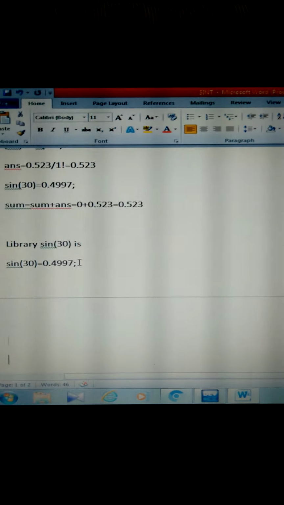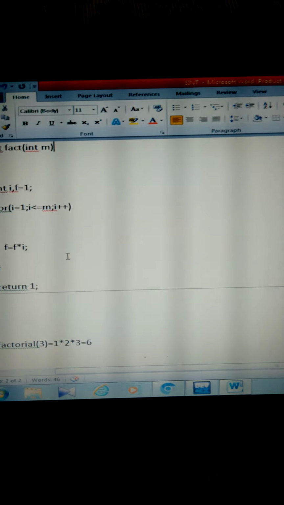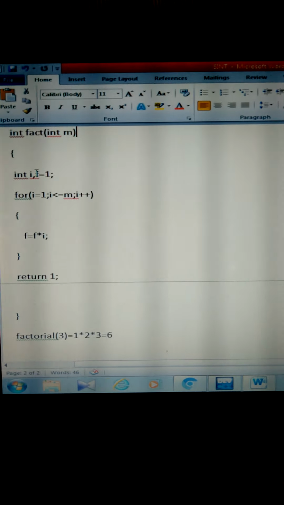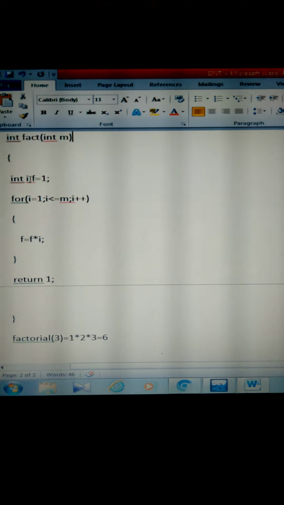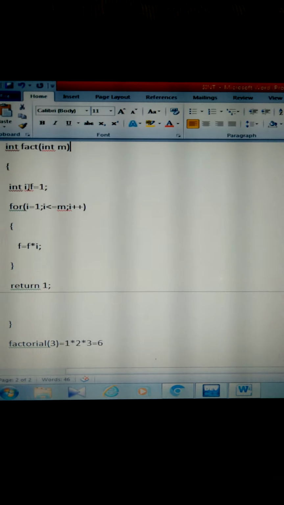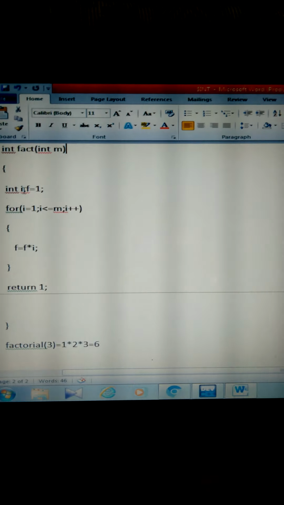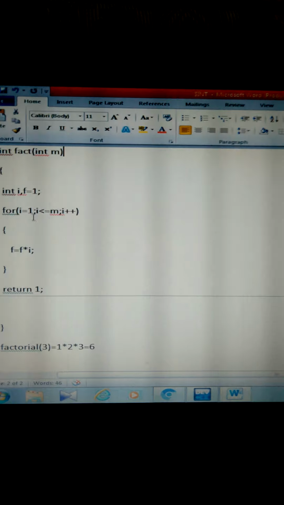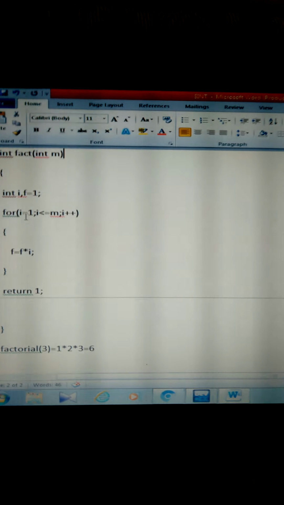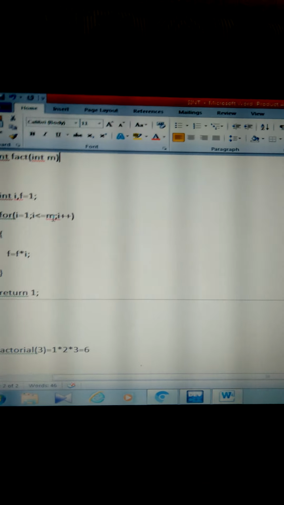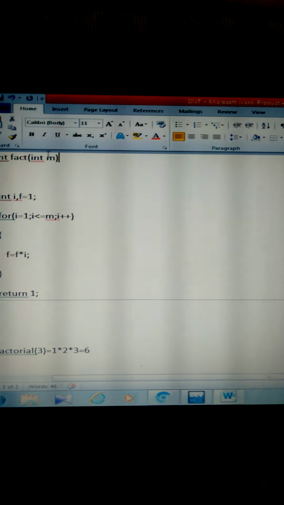Now let us see the factorial here. Factorial of an integer type number m we are calculating here. For that purpose, the index for finding the factorial starts from 1, up to equal to or less than the actual value we have taken.